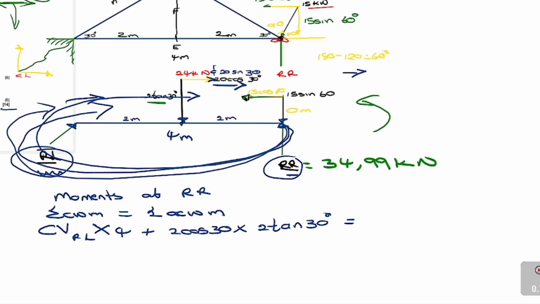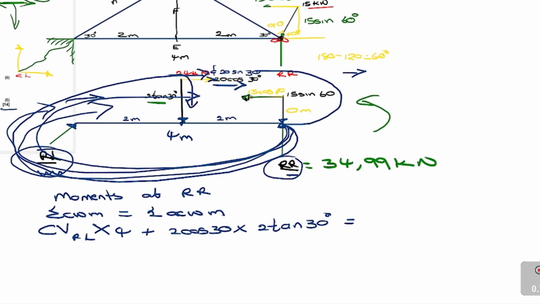When you stand on what? When you stand on RR. Guys, look at this. When you stand over here, you have to go like this. You see, the reason I took this force only was because it's moving in that direction. It's not doing what these forces are doing, coming down. These other forces are anti-clockwise because when you do this, they are coming here. It's stopping over here on the force. So it mustn't stop on the force.